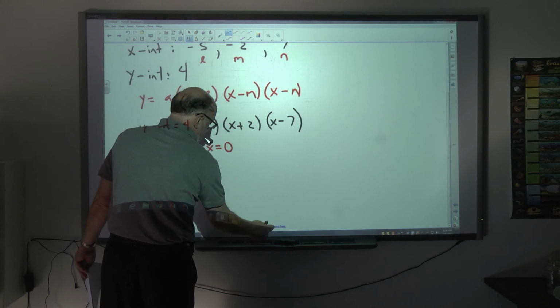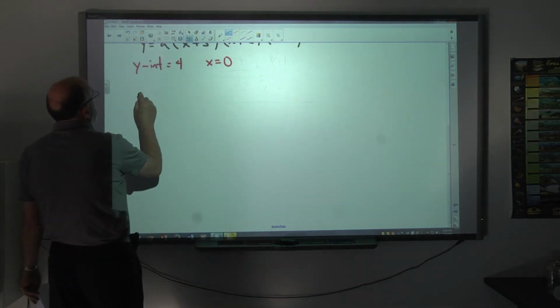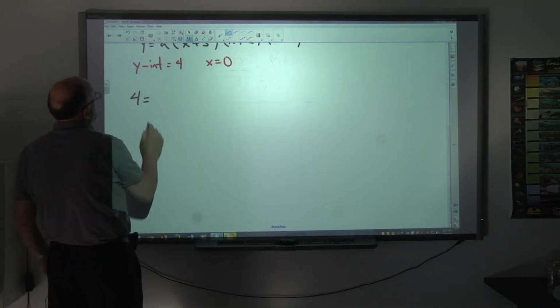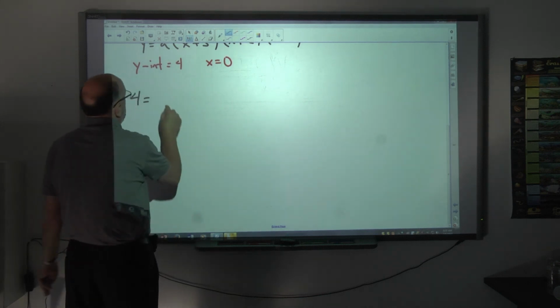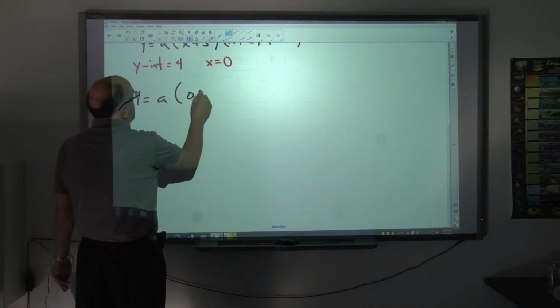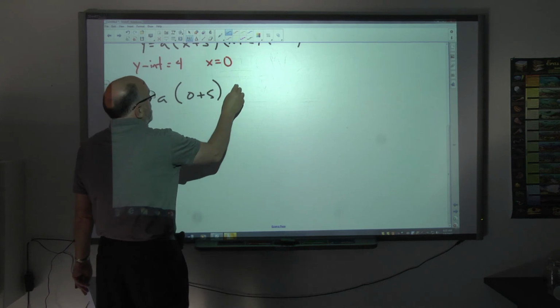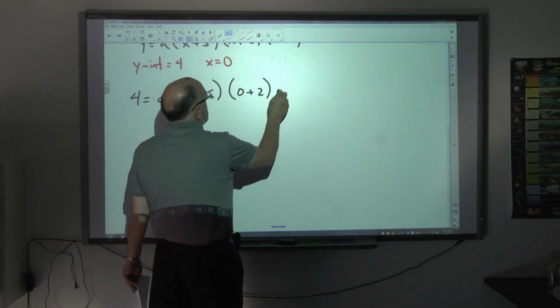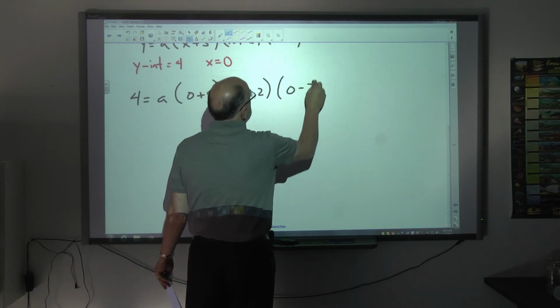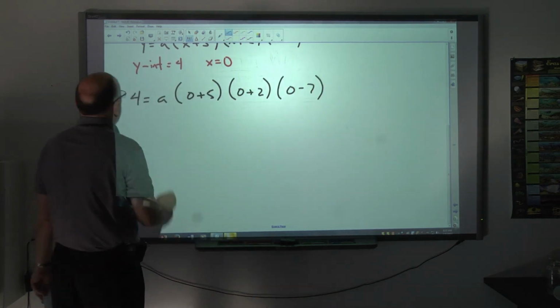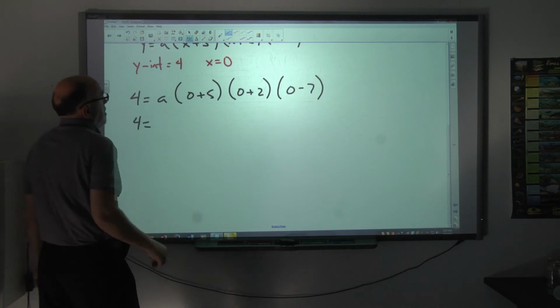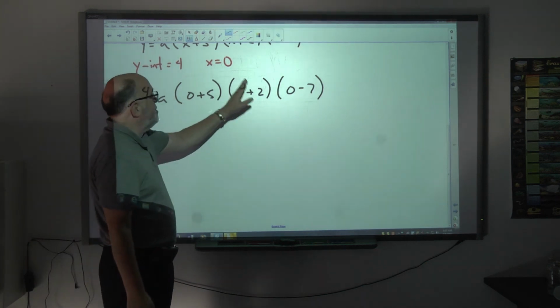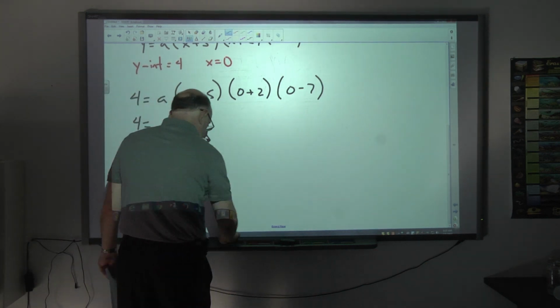And so we would have that 4 is going to equal a times 0 plus 5 times 0 plus 2 times 0 minus 7. And so this is going to be 5 times 2 times negative 7.